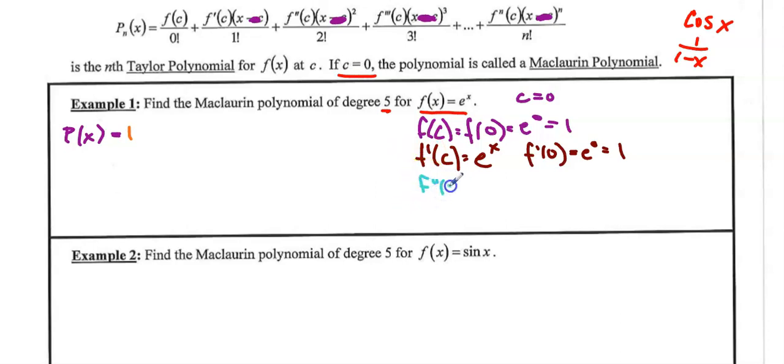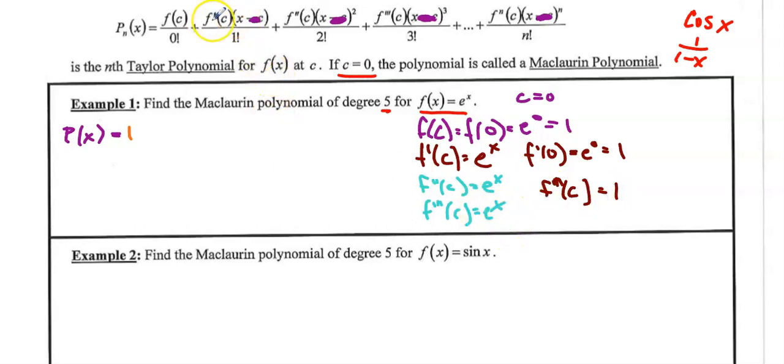If I find the second derivative, it's still e to the x. If I find the third derivative, it's e to the x. So no matter what, the nth derivative at 0 is also going to be equal to 1. They're all going to be equal to 1.